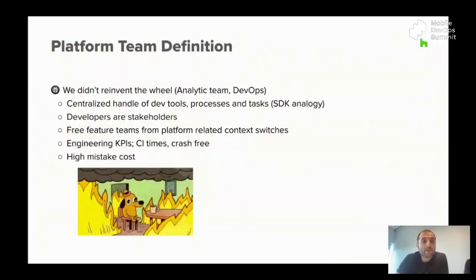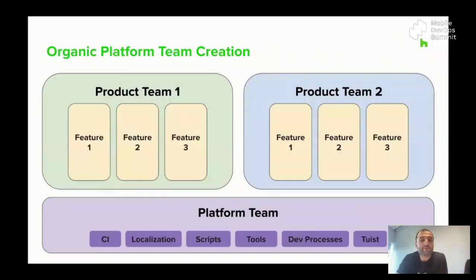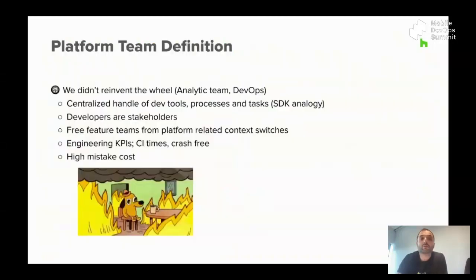Now, we have a platform team. Somehow the organization has two processes. It's a completely new team within the organization, so it has to have some definitions. We're not reinventing the wheel here.